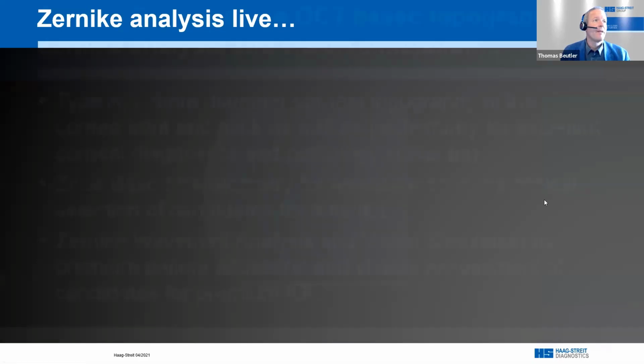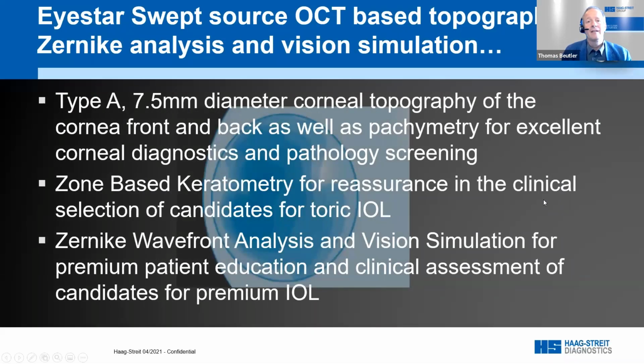Okay. So to sum it up, the Eyestar provides you with a real topographer with 7.5 millimeter coverage in the cataract suite. In the soon to come anterior chamber suite, we will cover even up to 12 millimeter for topography and up to 18 millimeter for imaging.